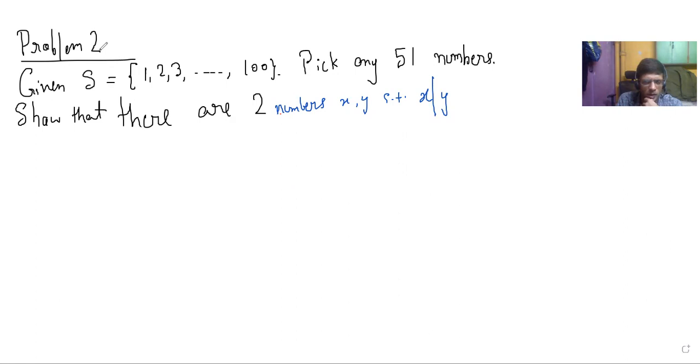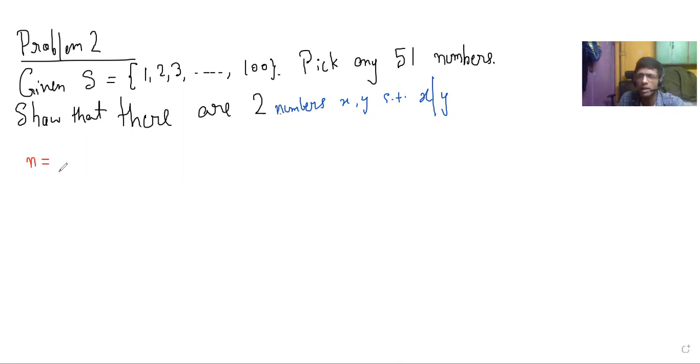Here is a hint, because this is a slightly tricky question. How do you show that one thing divides the other is slightly tricky. Here is how we are going to think of the numbers. Any number n, we are going to think of as its even part times its odd part.